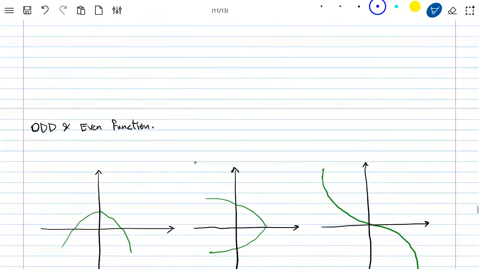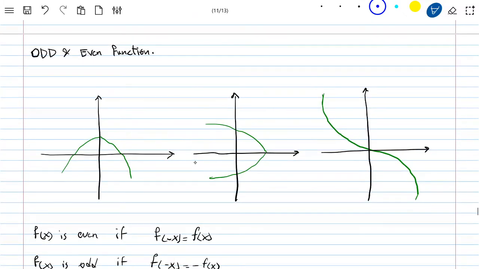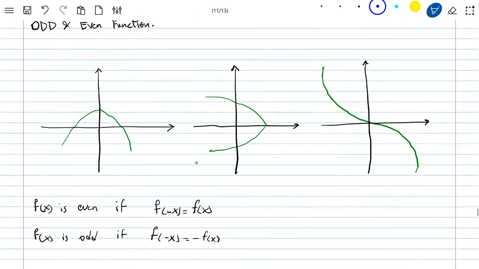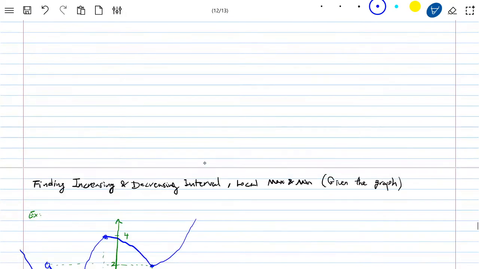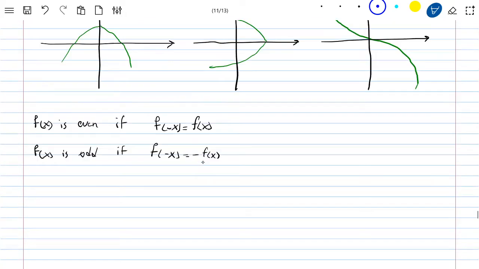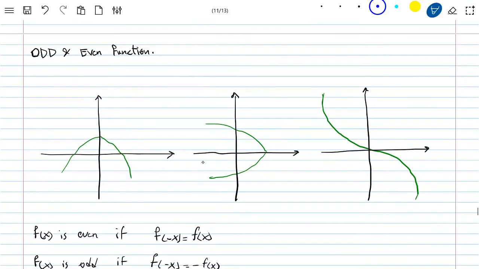Okay. One more topic to talk about, odd and even functions. We're going to discuss odd and even functions, which are related to symmetry. What is an odd function and an even function? First, we're going to talk about functions. Which one of these three is possible to be a graph of a function?